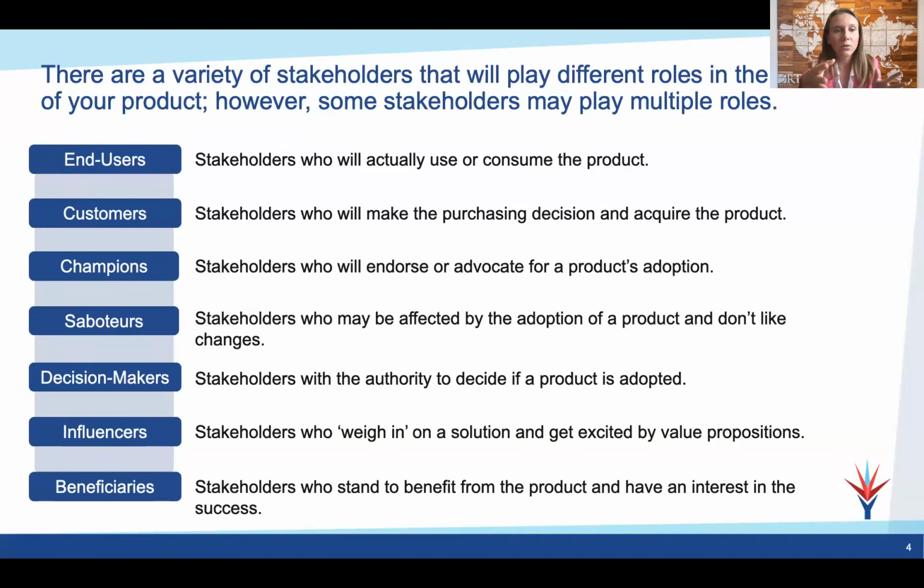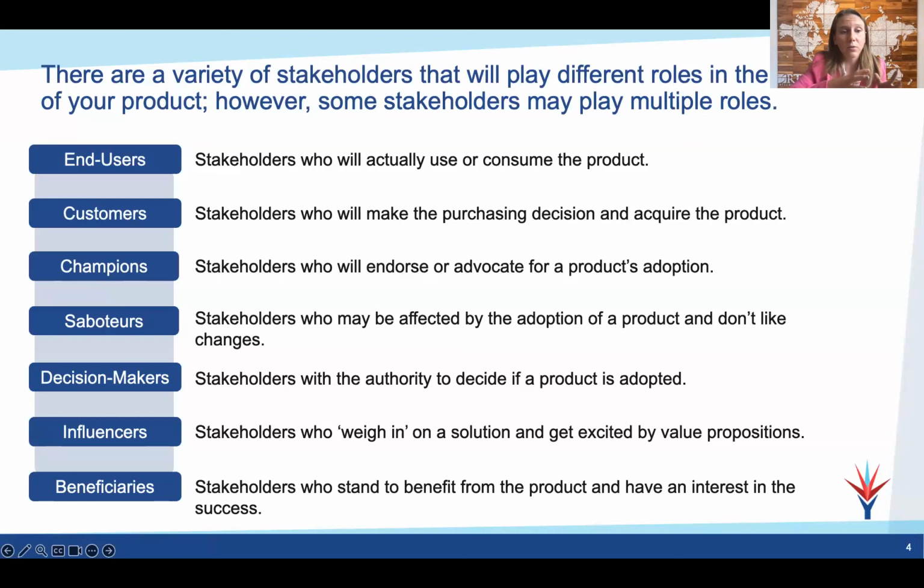Now, when we say stakeholder, it can mean a lot of things. So I'd like to just spend a couple of minutes talking about the different roles that stakeholders can play. And I'm sure we're all really familiar with typical roles of stakeholders that can include end users, customers, champions, and decision makers. So I'll just point out a couple that maybe you hadn't necessarily heard of before. So that could include influencers.